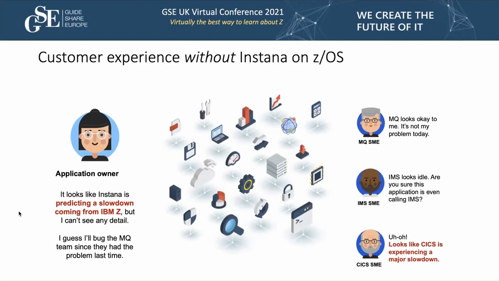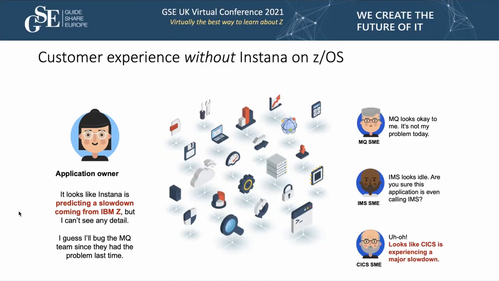So what often happens is that either they call up the person they last dealt with on a mainframe problem, or they pull everyone together into a war room situation. So you get the MQ guys, the DBAs, the IMS people, the CICS people together. And it's a lot of toing and froing, a lot of time wasted for many of the people to show that no, they're not responsible for this, so it must be someone else.